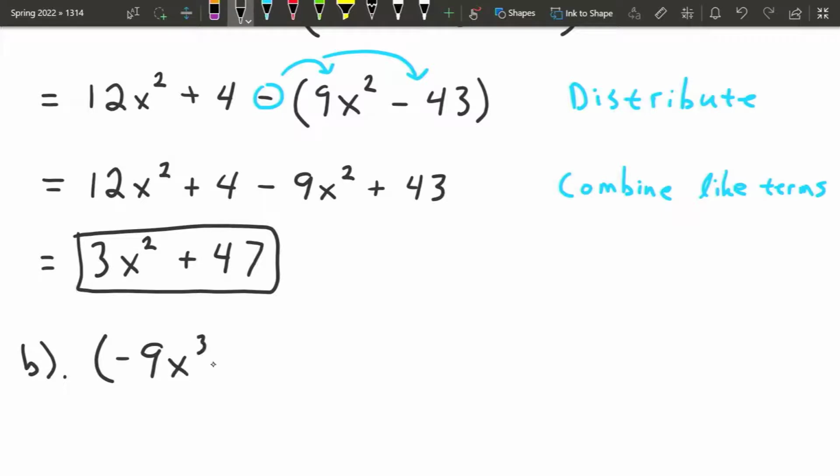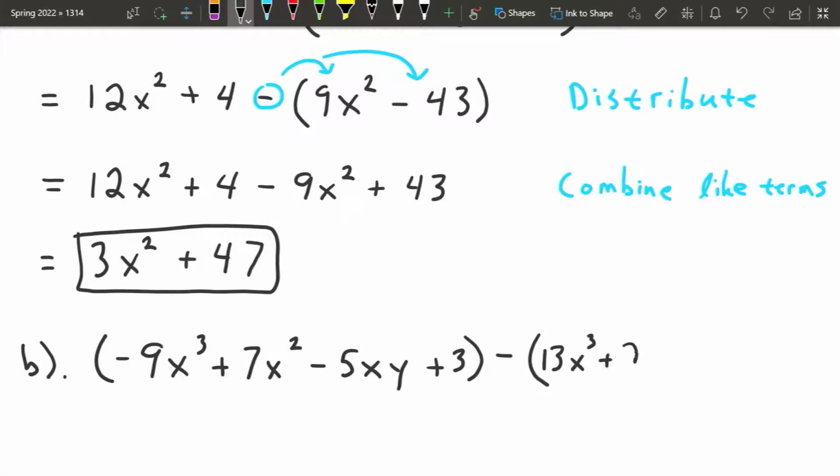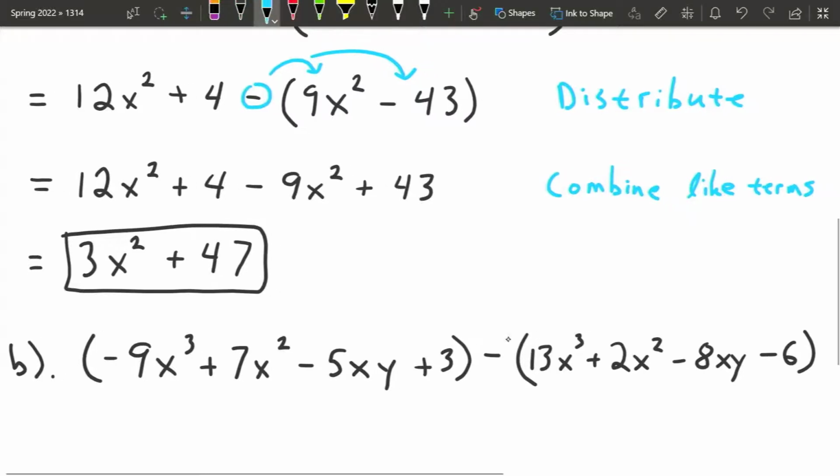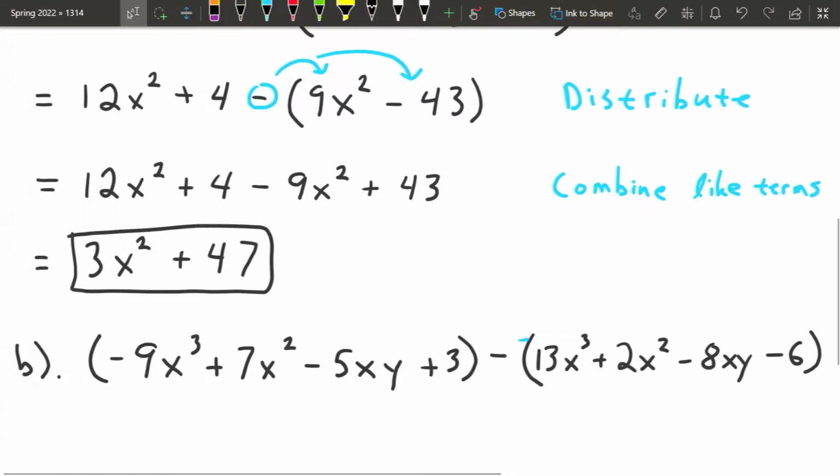Negative 9x cubed plus 7x squared minus 5xy plus 3 minus, and then in parentheses, 13x to the third plus 2x squared minus 8xy minus 6. First thing I'm going to do is to take the negative that's in front of the parentheses and distribute it into the parentheses.